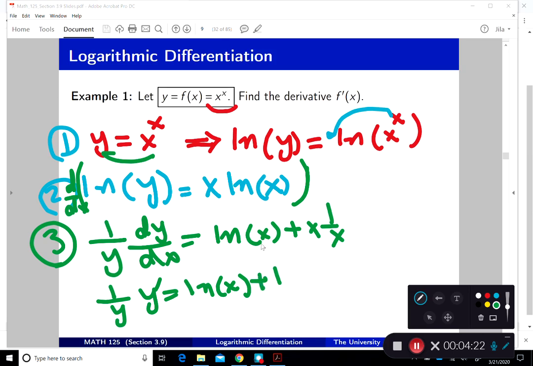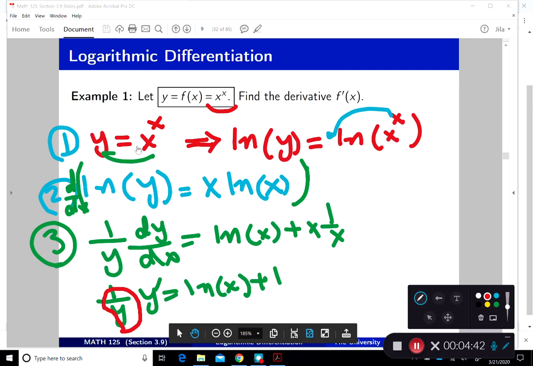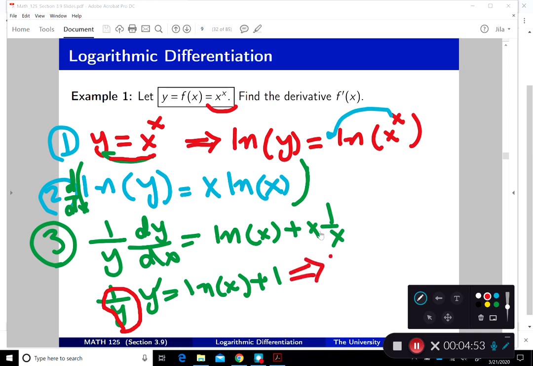Now, to completely solve this, remember, I am trying to find y prime. And to find y prime, I have to solve for y prime. One other thing, I want y prime as a function of x. So I have to replace y by the value that we had over here, y equal to x to the power x. This would be step 4.